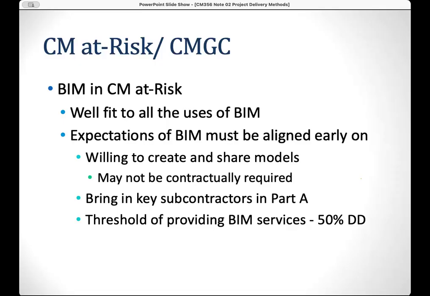It may not be contractually required. You can bring in key subcontractors in part one, as the GC has already been decided. Then the GC can bring its subcontractors in part one to be involved in some special system design. The threshold of providing BIM service can likely be 15% of the DD.